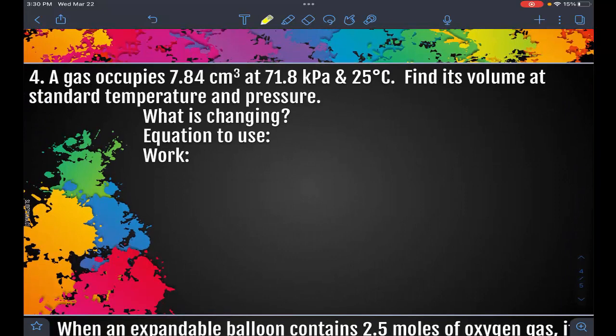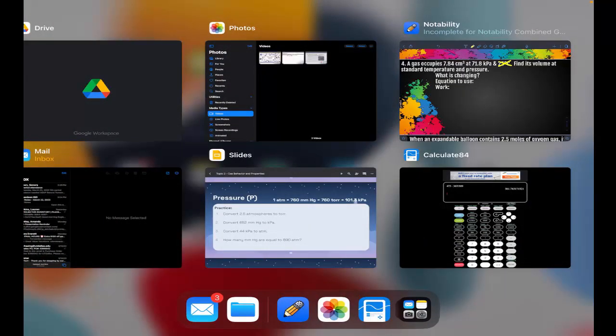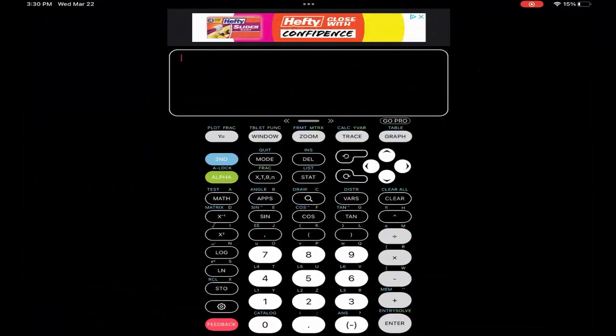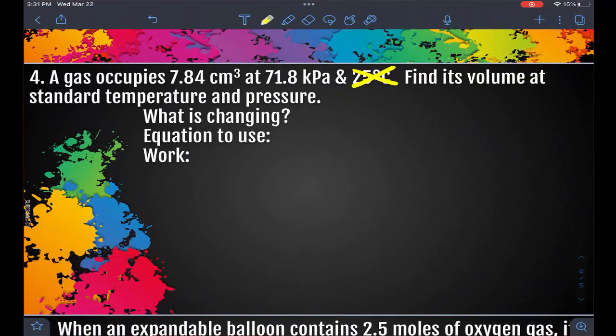Okay, two more. Number 4, a gas occupies 4.84 cubic centimeters at 71.8 kPa and 25 degrees Celsius. Ugh, 25 Celsius. We don't want Celsius, so we're going to do 25 plus 273, 298. Find its volume at standard temperature and pressure.